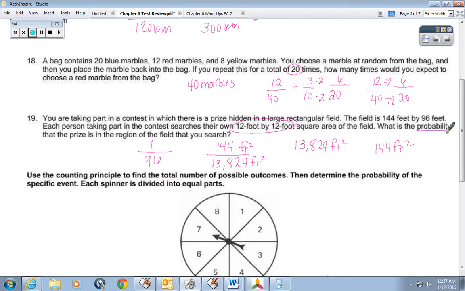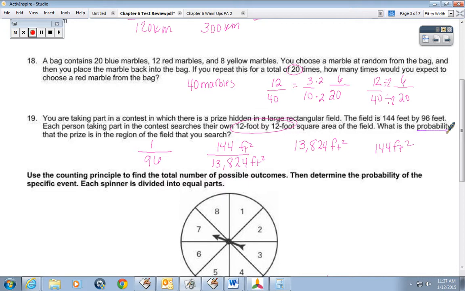Okay, so if we've got 20 blue marbles, 12 red marbles, and 8 yellow marbles, how many total marbles do we have? 40. So if I was to have a bag that had 40 marbles in it, and I picked out 40 marbles, and set them to the side, how many would I expect to be red? Well, 12, because there's only 12 in there, out of the 40.